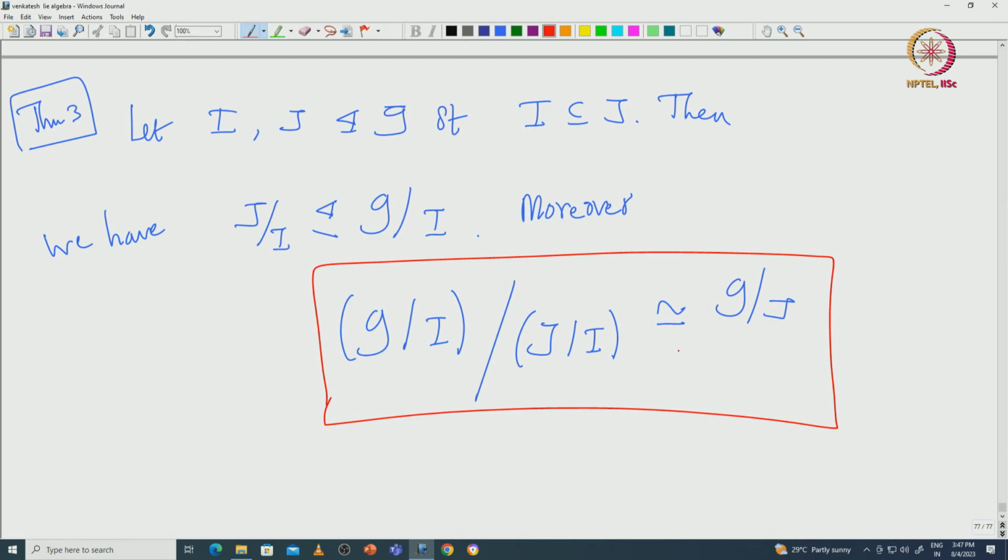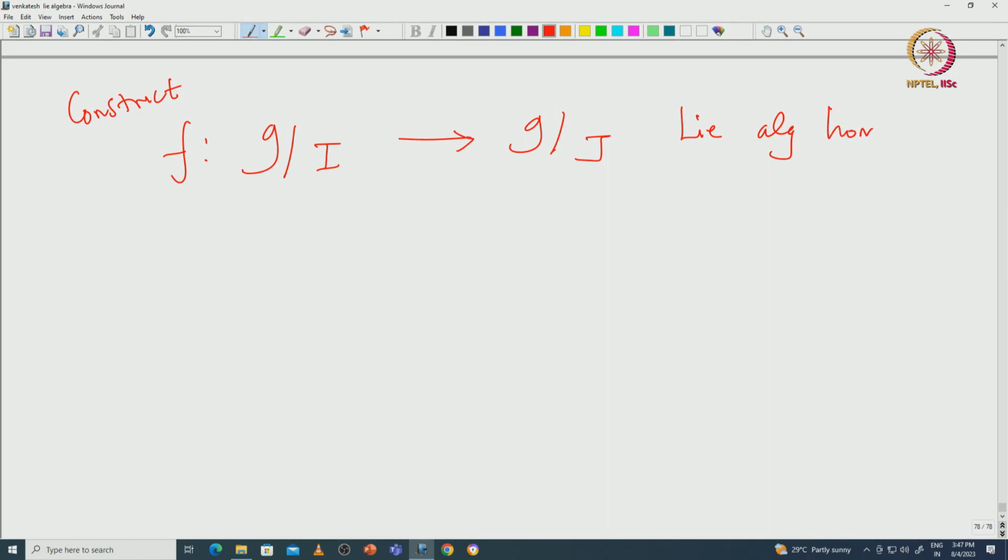Again, to prove this, we just construct one Lie algebra homomorphism from G modulo I to G modulo J. Let me call it some F, a Lie algebra homomorphism, surjective.